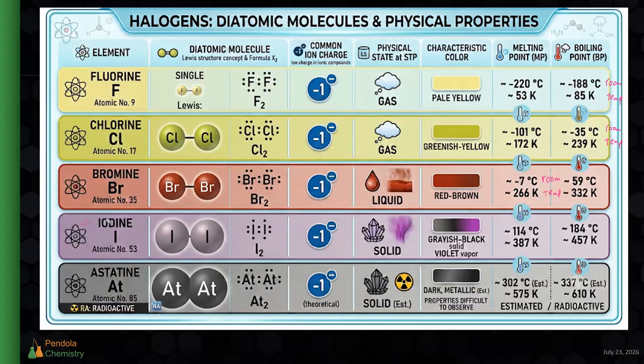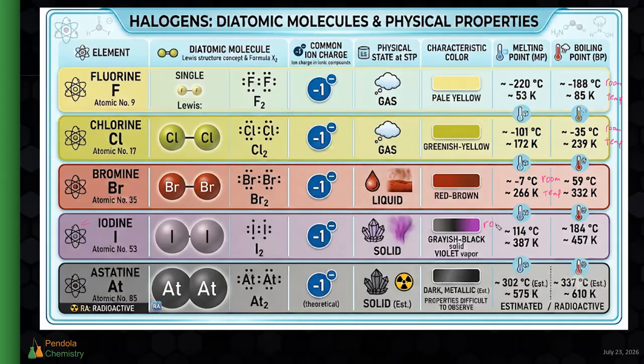However, for iodine, the melting point of iodine is 114 degrees Celsius and its boiling point is 184. And this is with a grain of salt, because actually iodine at room pressure doesn't usually boil or melt. It'll sublime, meaning go straight from the solid to the gas. But notice how the melting point of iodine is above room temperature.